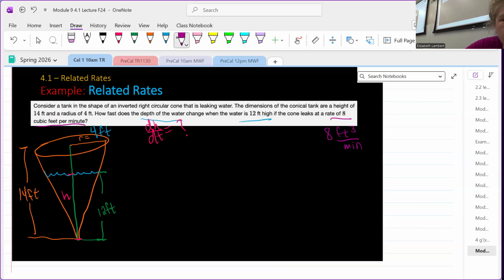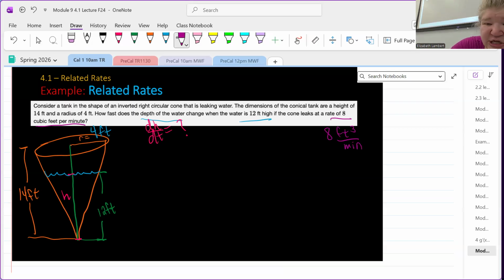So when we have cubic feet, that is measuring what kind of thing? What idea? Yep, volume. So just feet is a distance, feet squared is an area, feet cubed is volume.